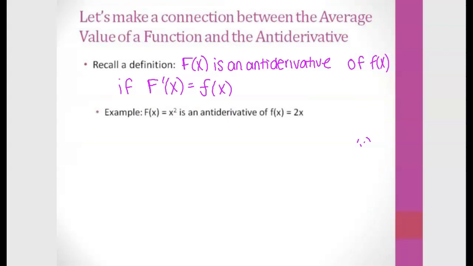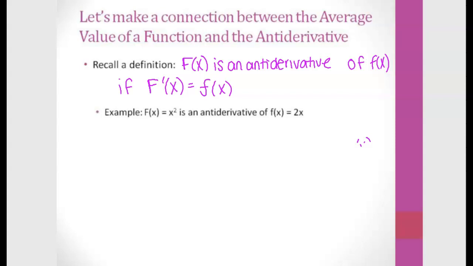So let's make that one final connection. Capital F of x is an antiderivative. It is the antiderivative of lowercase f of x. Capital F prime of x is the same as lowercase f of x. And then capital F of x equals x squared is what we call the antiderivative of 2x.